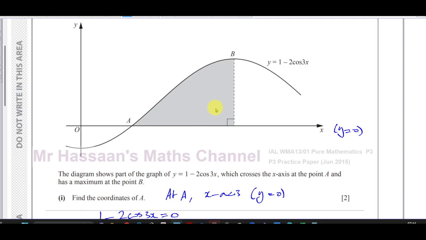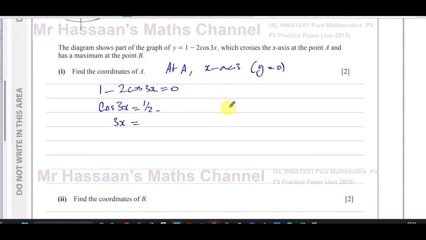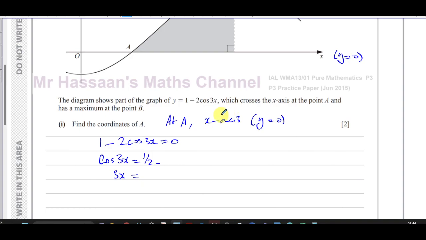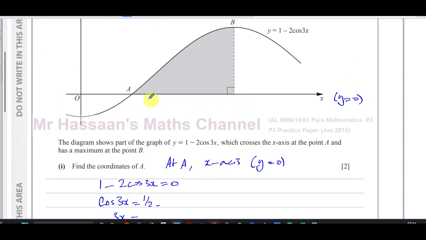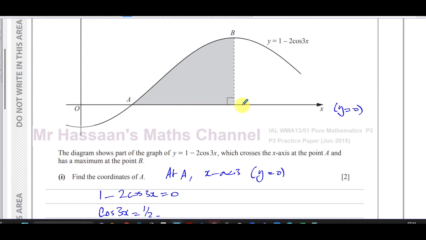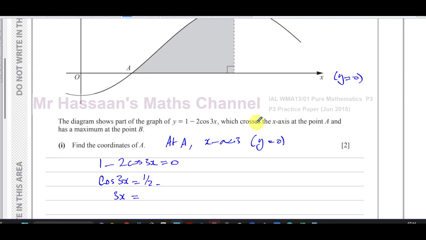So although parts 1 and 2 don't require radians, I'm going to use radians anyway because I'll need them for the subsequent parts. But if you put your answer in degrees for part 1, there's absolutely no problem, unless the question states otherwise.